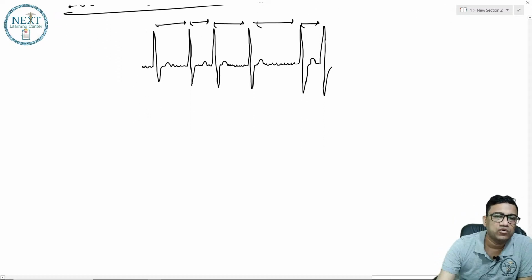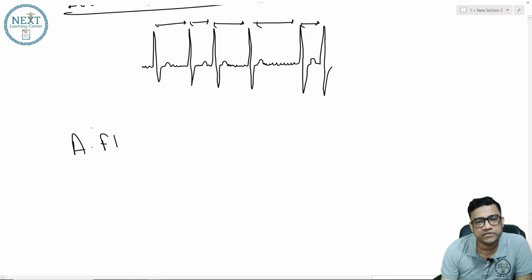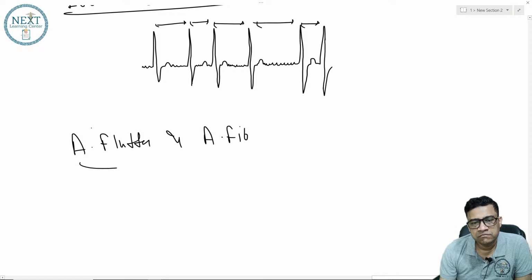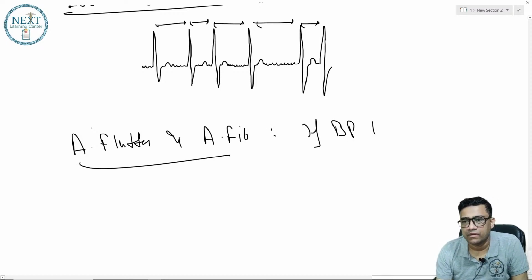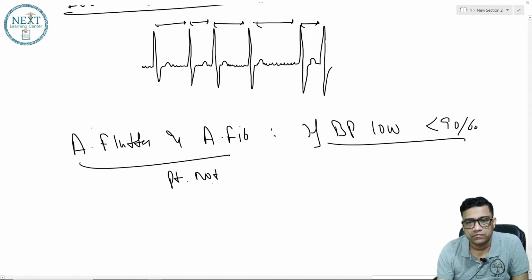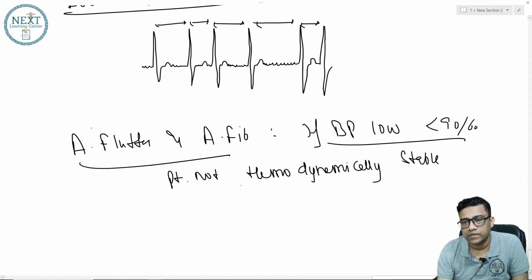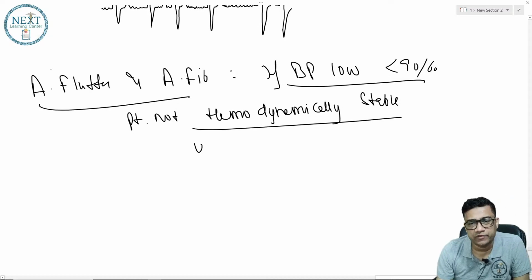Now treatment of A flutter and AFib is the same. If BP is low, that is, the patient is not stable, again use cardioversion.